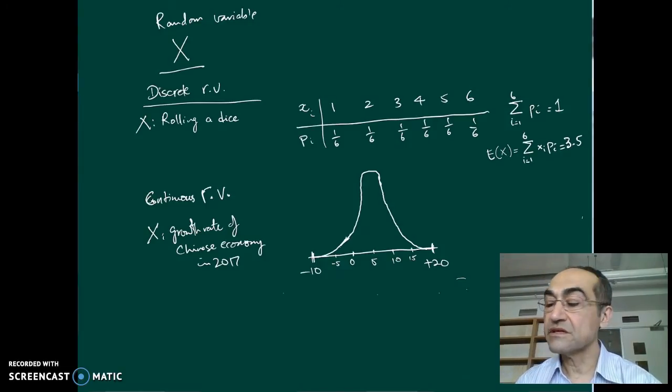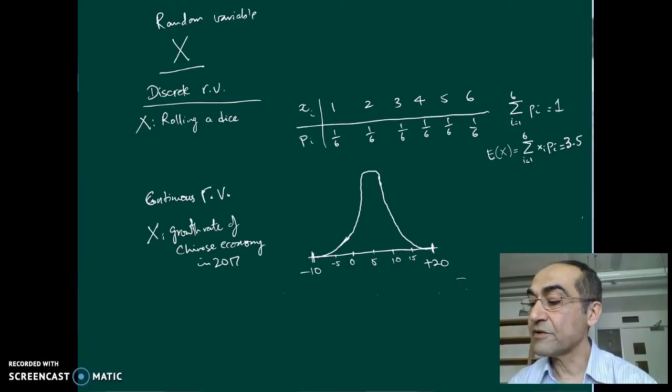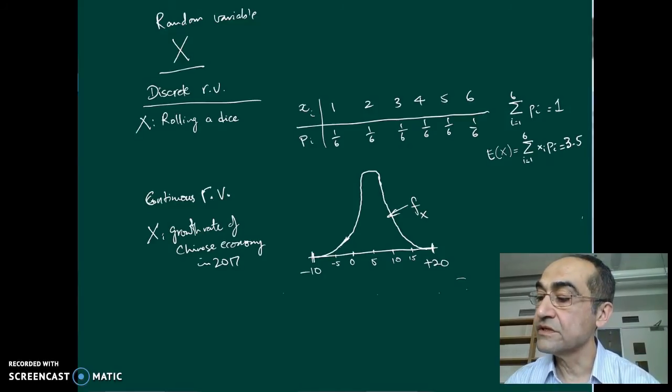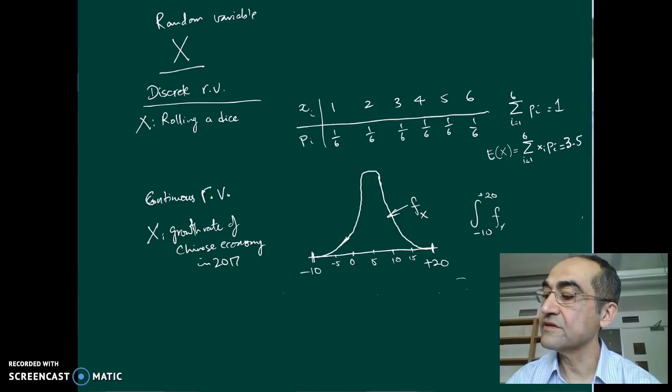Okay, so we show this PDF by this function. So this is f of x, and the property of this function is that the area under it is equal to 1. So the integral from minus 10 to plus 20 of f of x dx is equal to 1.